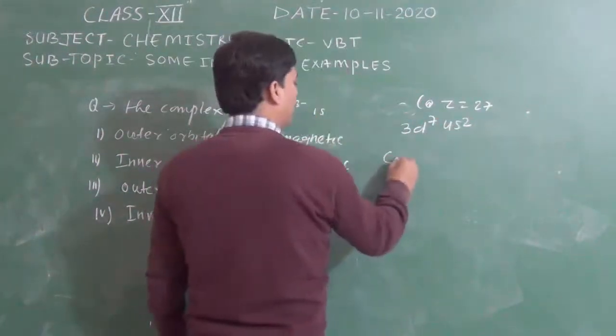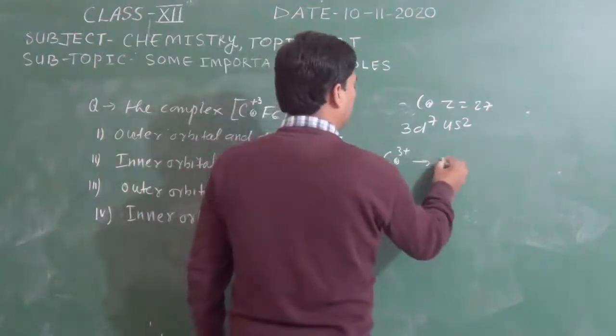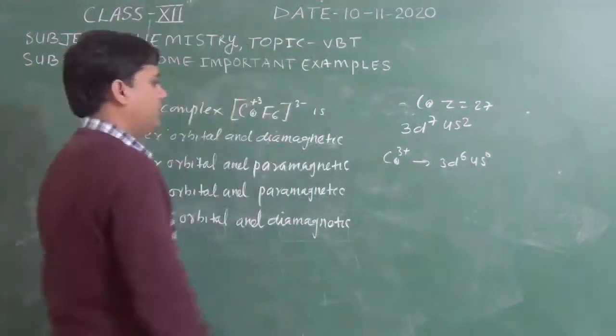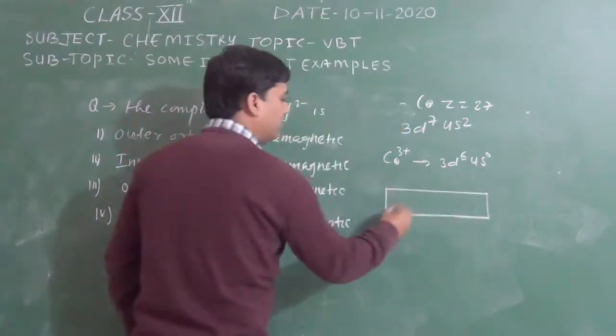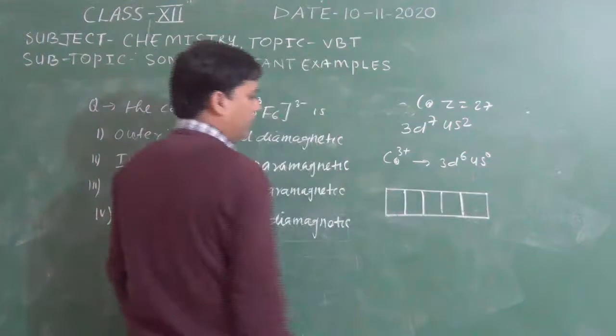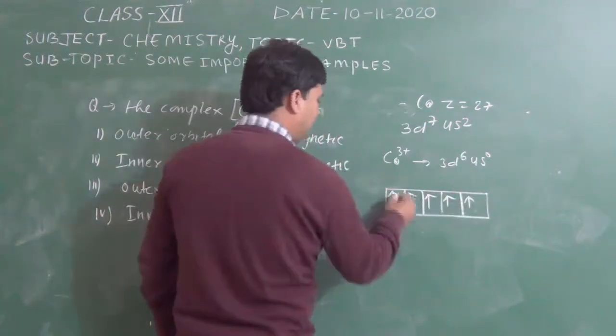So write the electronic configuration of Co3+, that is 3d6 4s0. Now draw the orbital diagram: five orbitals, and how many electrons? 1, 2, 3, 4, 5 and 6.